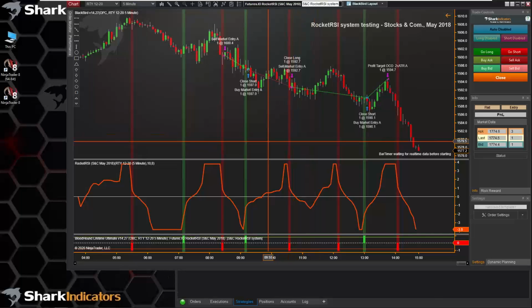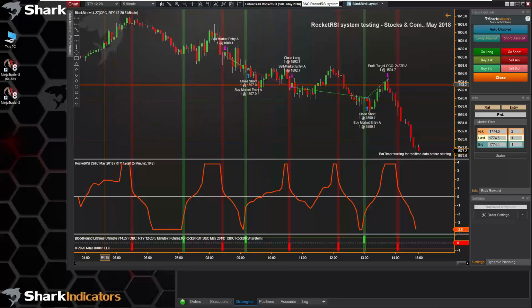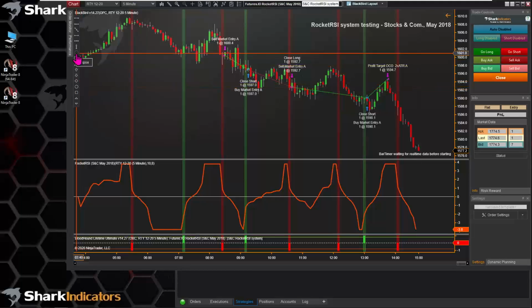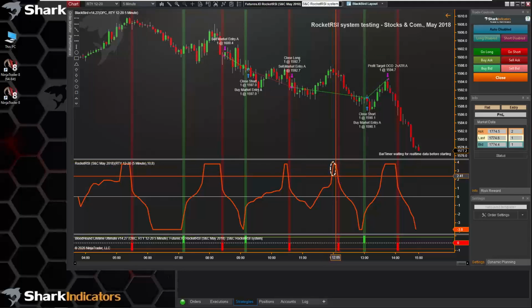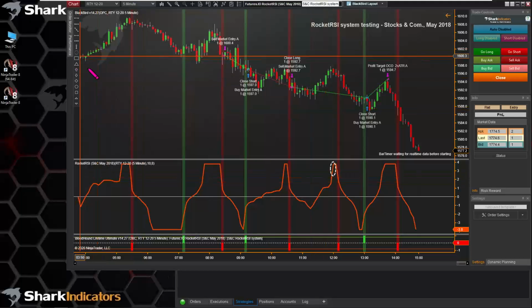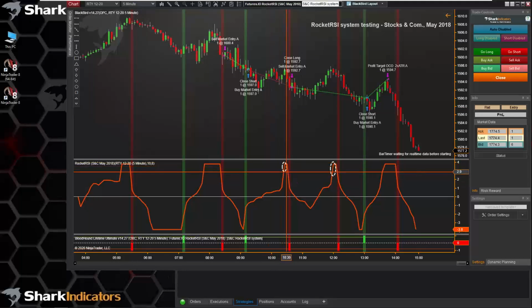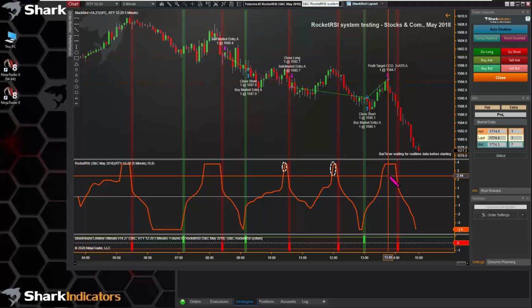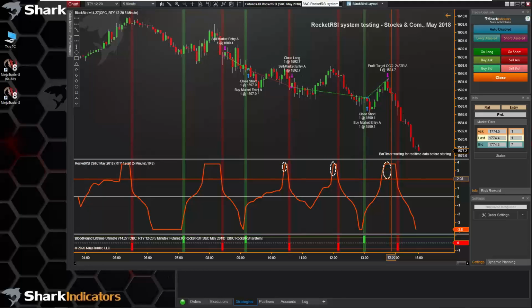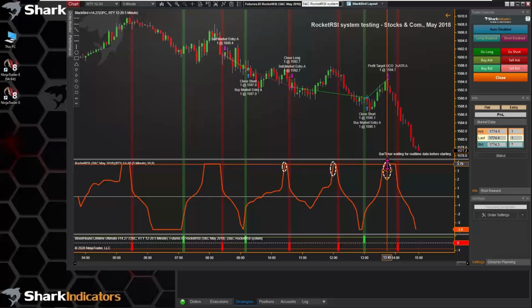But also, I want to move forward here and show something that I noticed when I was rehearsing for this. So, let me see here. Let's grab a little circle. When I was testing this Rocket RSI for our demonstration, I noticed that it seemed to give slightly better, if not just better, entry points at the beginning, when the Rocket RSI first hit its maximum peaks here.